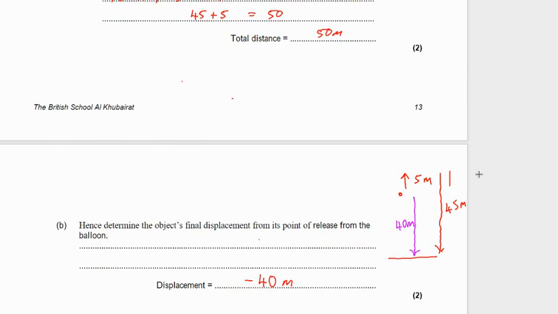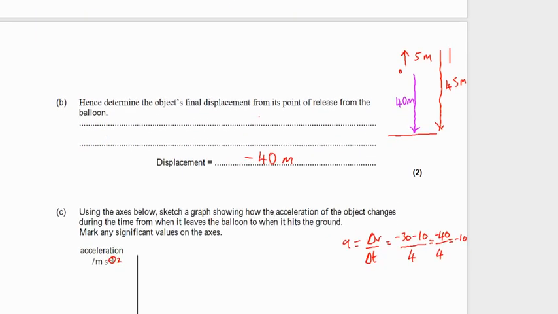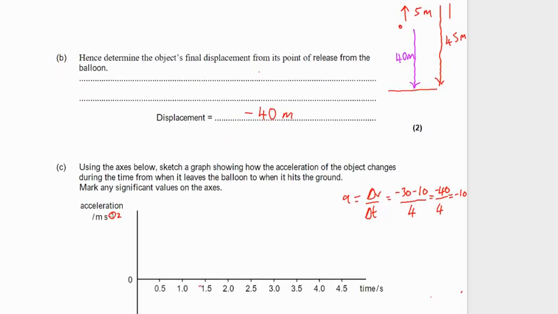Velocity downwards, negative. Acceleration upwards, positive. Downwards, negative. So it's minus 40 meters. From the starting point to the end point, the ball has gone a minus 40 meters displacement.